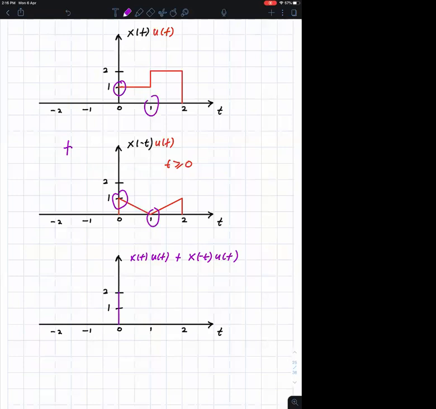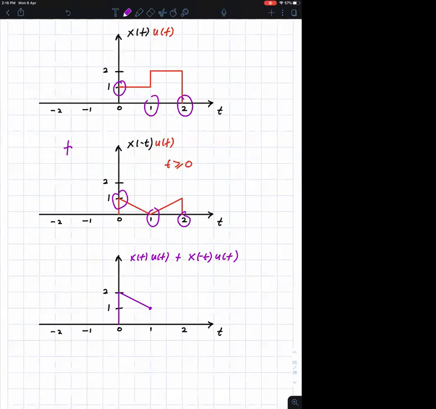Also 2, right? Here, sorry, this is 0, so 1 plus 0 is 1, right? At this point, at t equals 2, 2 plus 1 is 3.